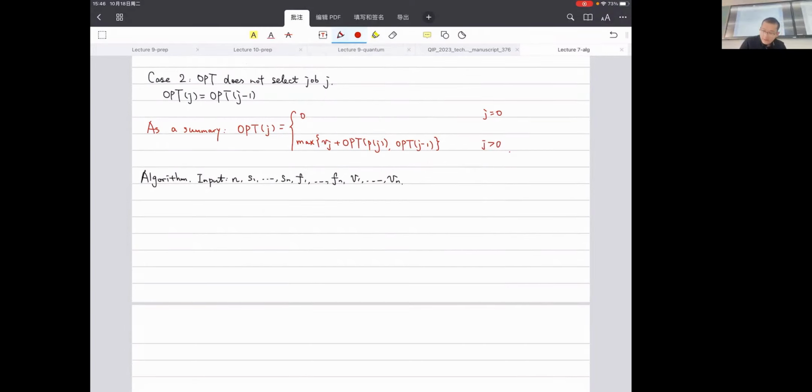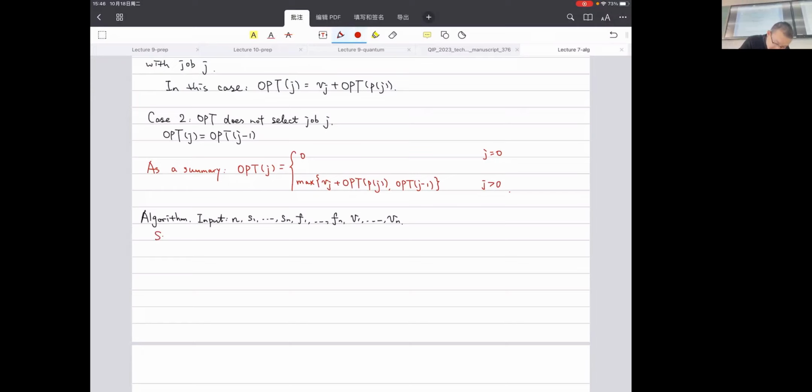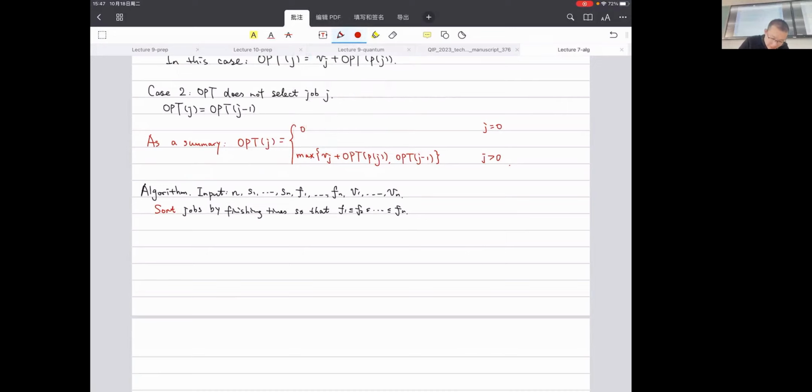The first step in our algorithm is to sort the jobs by finishing times, so that F1 is smaller than or equal to F2, up to Fn. And the next thing we need to do is compute all these values of P, so compute P1, P2, until Pn.